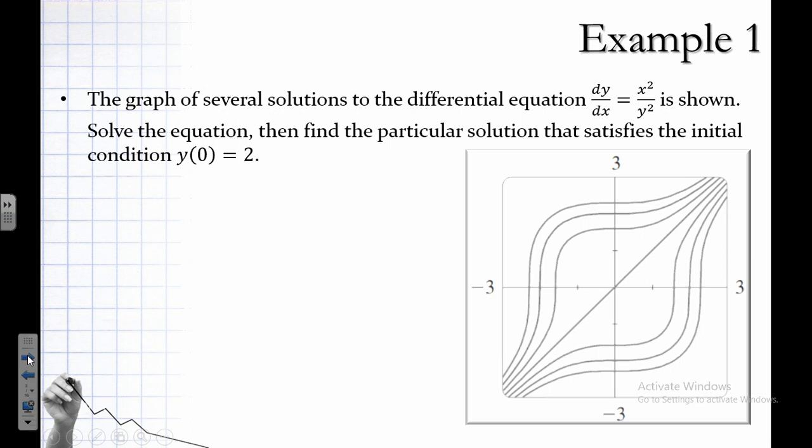But we're going to solve the one right here where we have (0, 2), which I think is this one right here. So if dy/dx is x squared over y squared, how do we separate our variables?